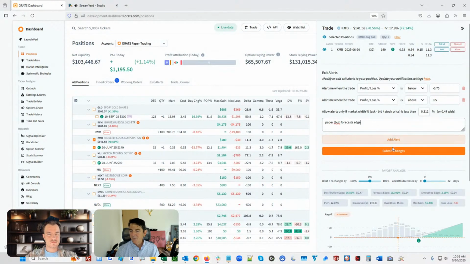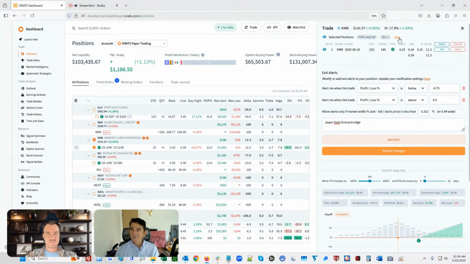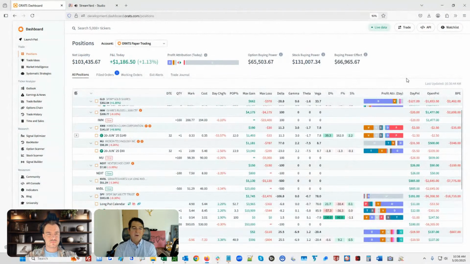We'll get an alert, and if it's not too wide, so if it goes way wide, we don't want the alert. But if it's a normal width, we want to get an alert and then think about trading out of it. All right, awesome. Yeah, looking forward to seeing how that trade does in a few weeks.